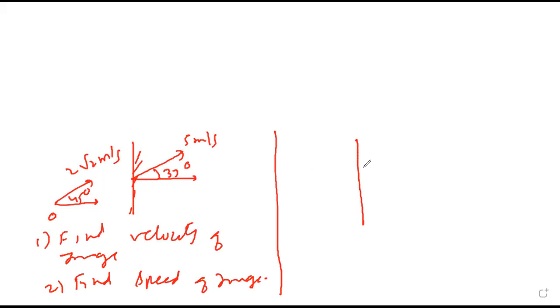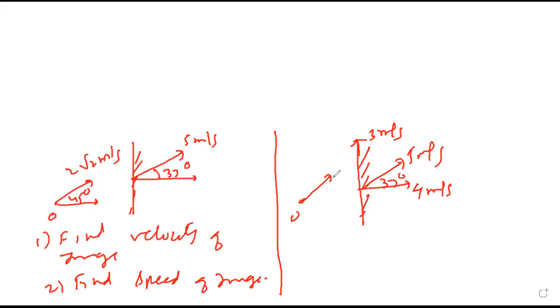So this is mirror moving with 5 meter per second inclined at 37. So this component will be 4 and this will become 3 meter per second upwards. This is object 2 root 2 inclined. So this will be 2 in vertical and 2 will be in horizontal.